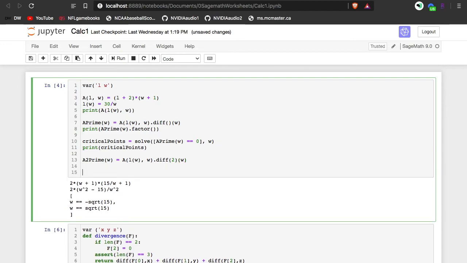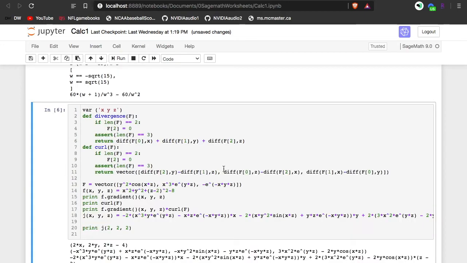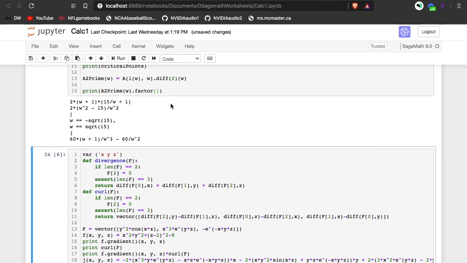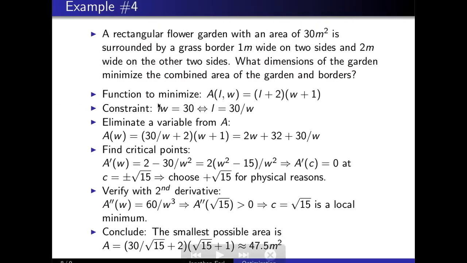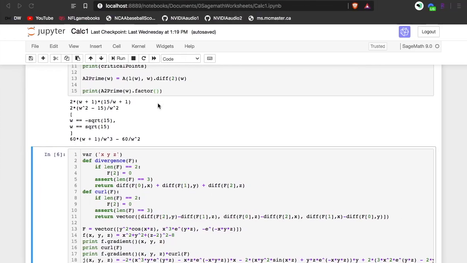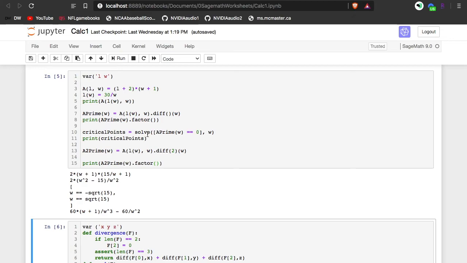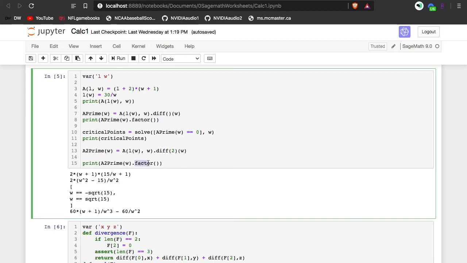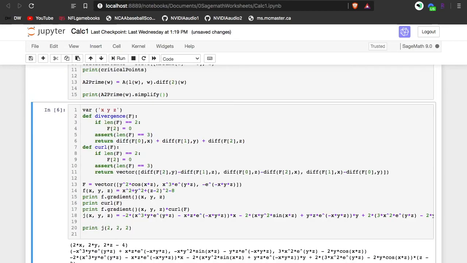So we'll also go and take our second derivative, so A double prime of W. We'll factor it. Made it harder than need be, but sure. Simplify.